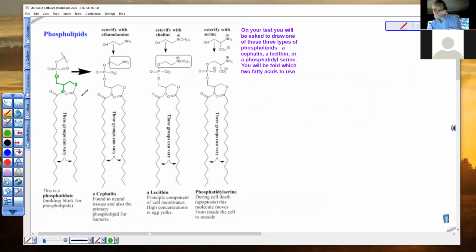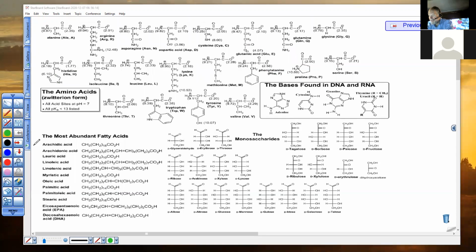So when you're asked to draw a phospholipid, please make sure that you draw the fatty acids that I indicate from the handout, previous page. It won't be these two, trust me, but it will be one of these. And attach it like we did with our triglycerides last week.